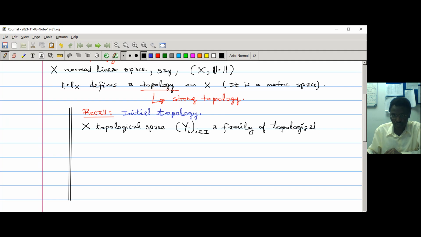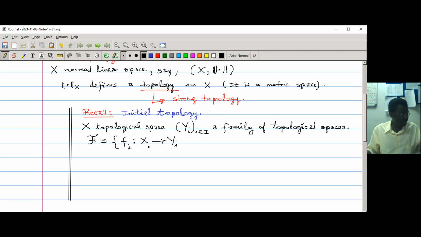So this was even before the notion of norm, if you recall. That was the very beginning. And then we define calligraphic F to be this family F sub I defined from X into Y sub I.